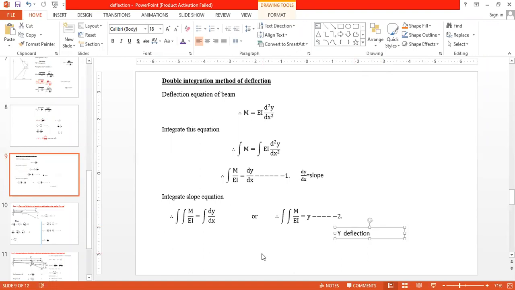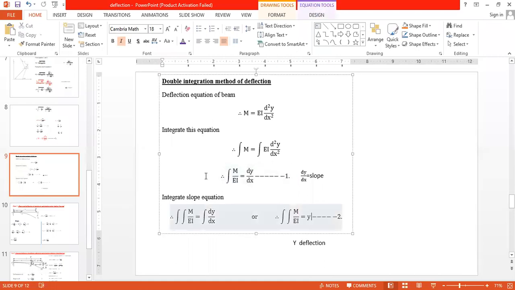From this equation we can conclude that deflection at any point is the double integration of bending moment. These two equations, equation 1 and equation 2, we use for deriving the slope and deflection equations for different types of beams.